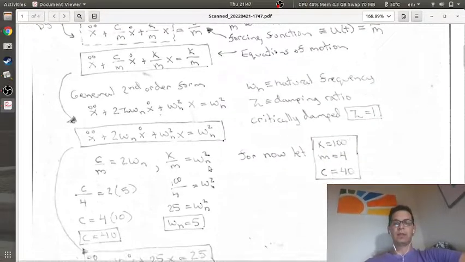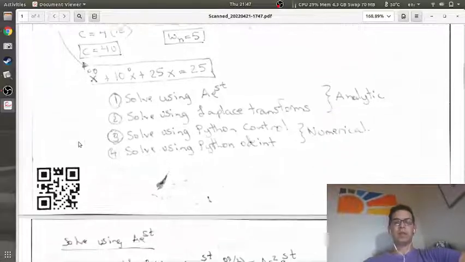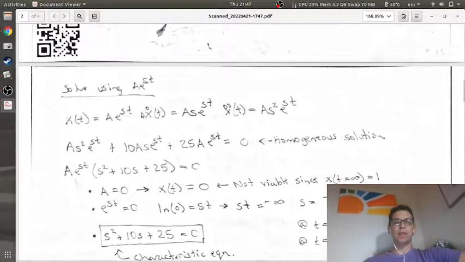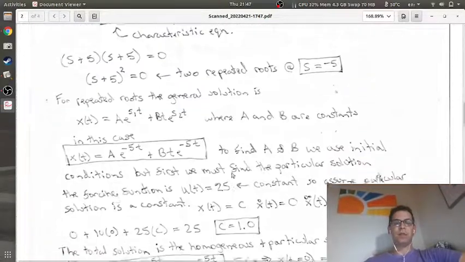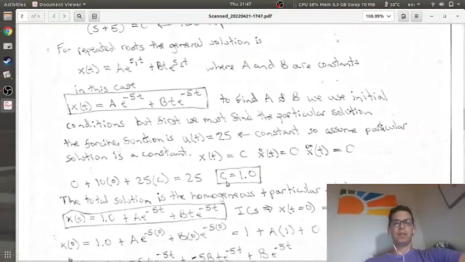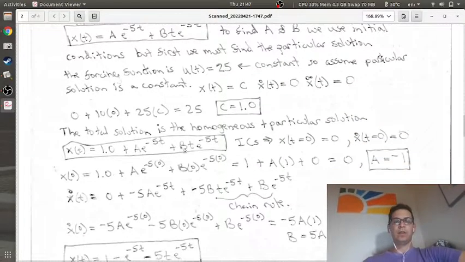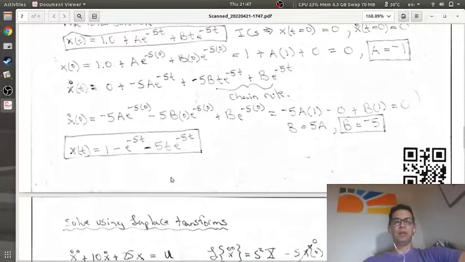Then we plugged in some numbers to give us a critically damped system, and here is our equation of numbers. We then solved the equation using A e to the st, found our characteristic equation, and found that we had a repeated root. We plugged that into our general equation here, and then found our particular solution, which was just 1. We put the homogeneous solution and particular solution together, used our initial conditions to solve for our constants A and B, and found our final solution there.